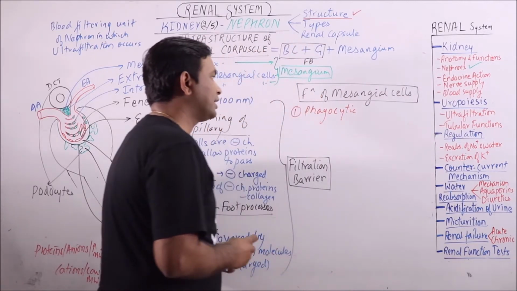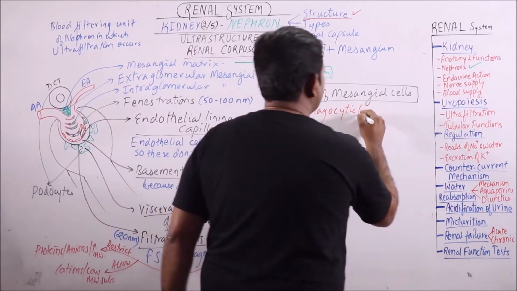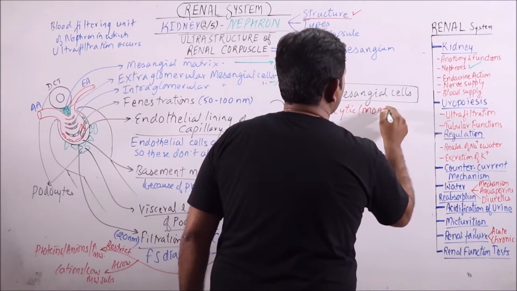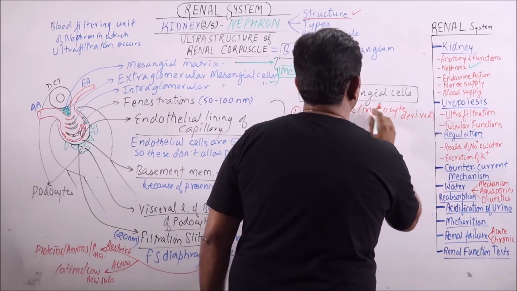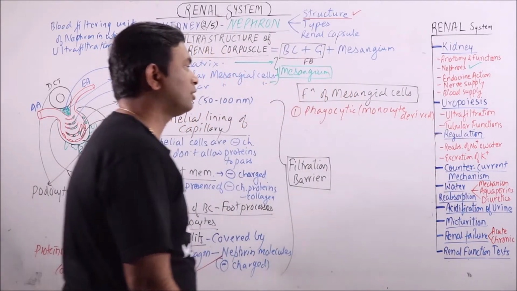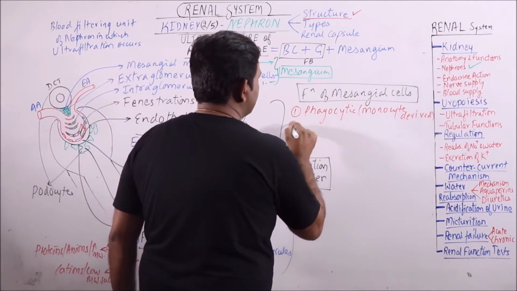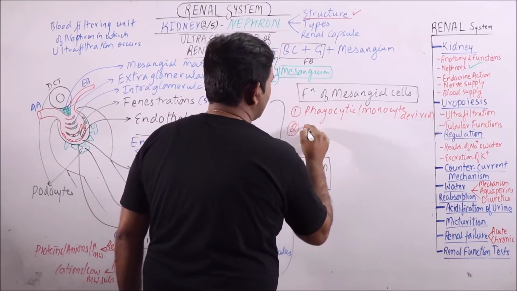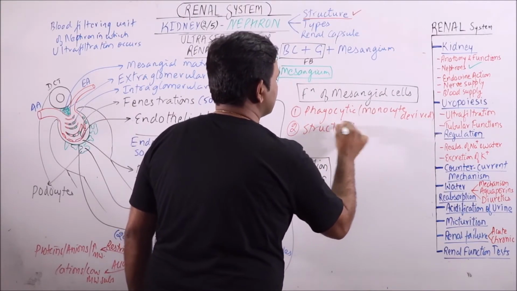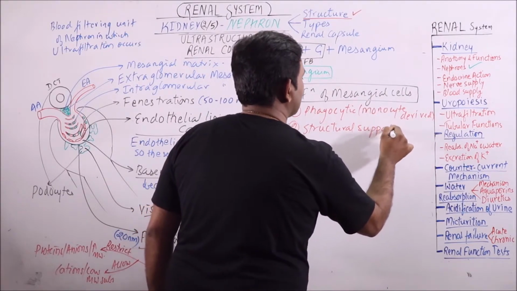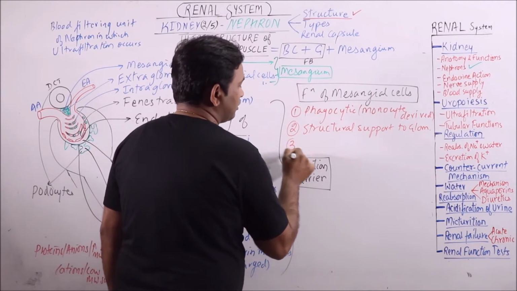These are phagocytic in action because these are monocyte derived. So these are also the part of mononuclear phagocytic system. Second is, these give structural support to glomerulus.